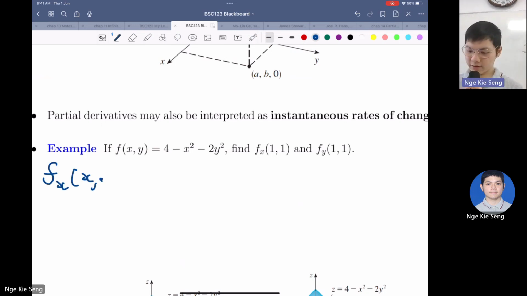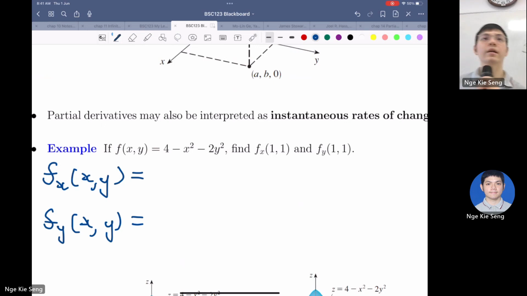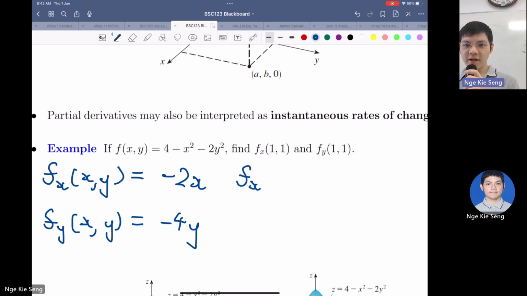I think this derivative should be relatively easier than the previous one. So what's the first partial derivative with respect to x? Negative 2x. How about with respect to y? Negative 4y. Good.